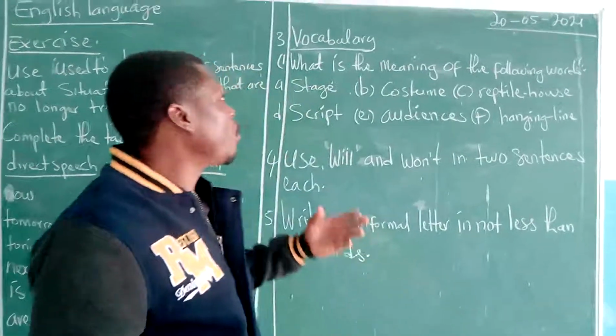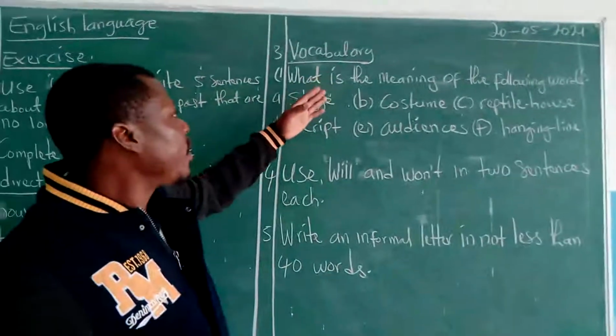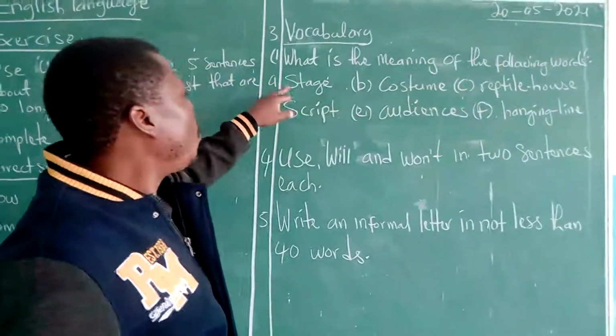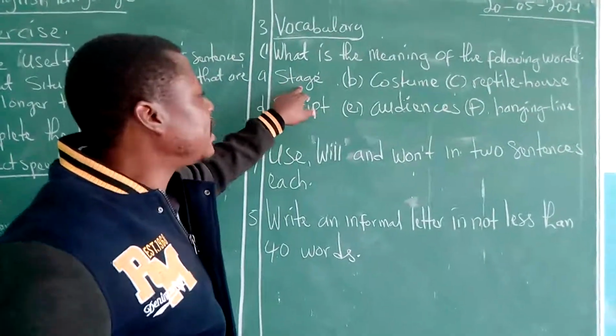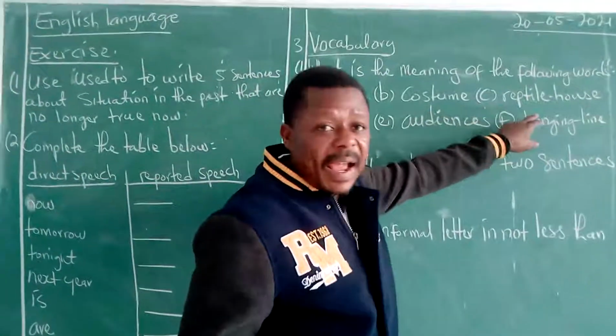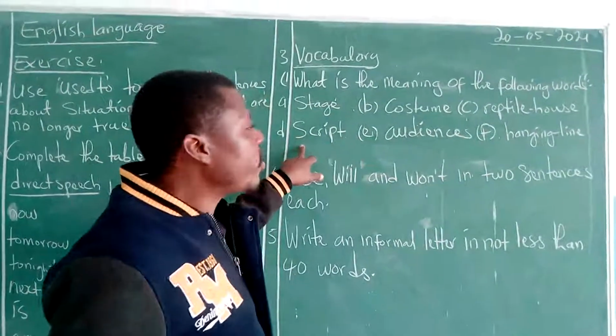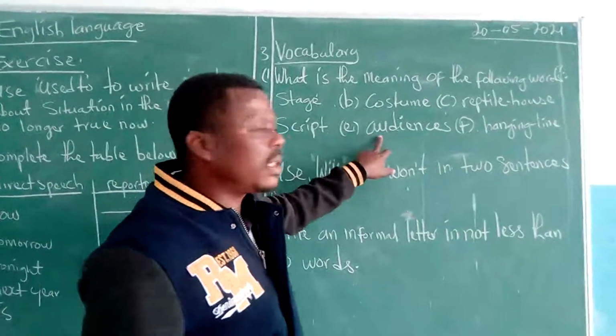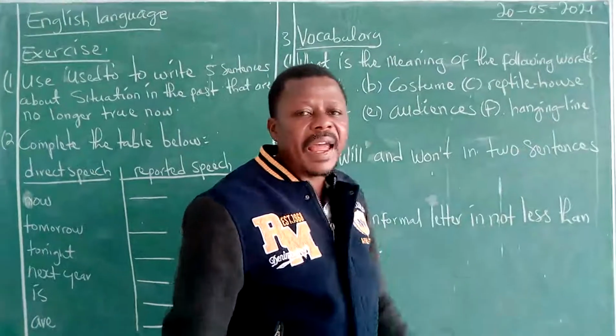Question 3 says, what is the meaning of the following words? Letter A is stage, letter B, costume, letter C, red tie house, letter D, script, letter E, audiences, and letter F, hanging line.